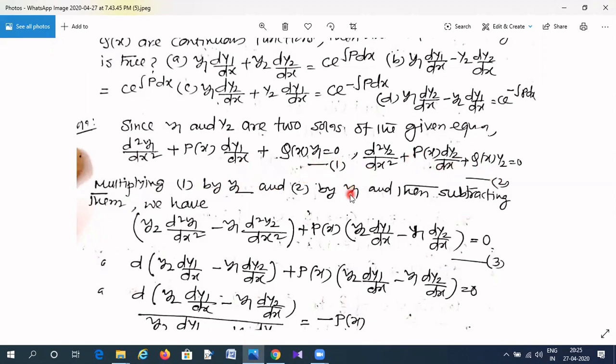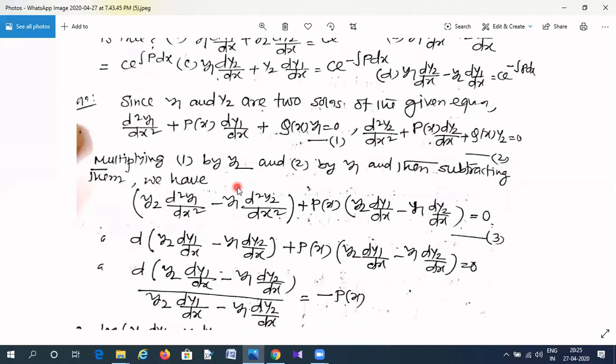Okay, so this is a back calculation. After seeing the options, we have to make it so that the true one emerges. If you see the options, they involve terms like y2 d2y1/dx2.